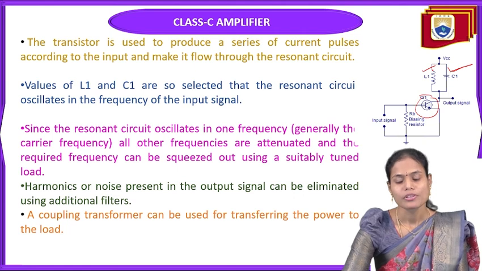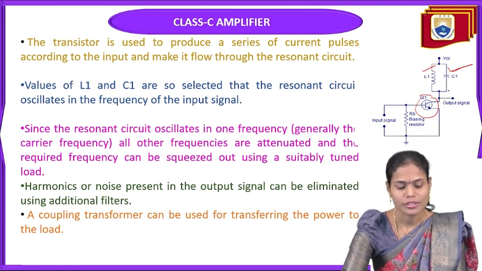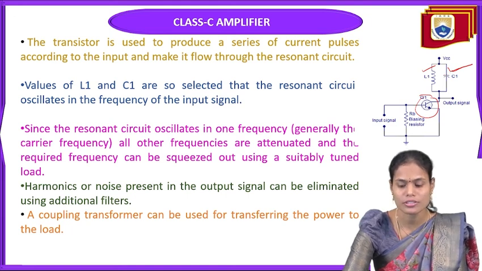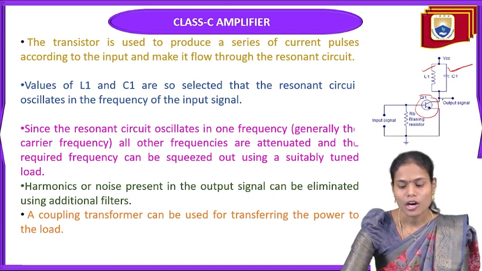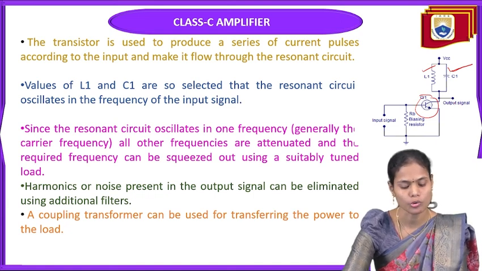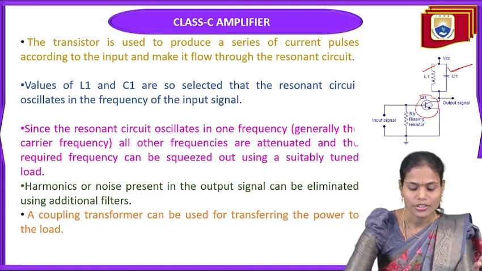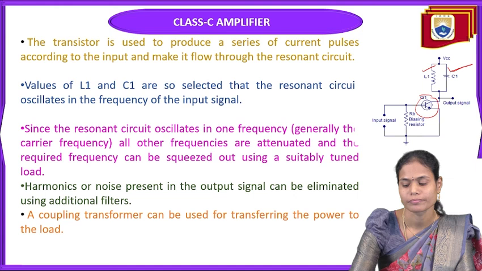Since this resonant circuit oscillates at one frequency, generally the carrier frequency, all other frequencies will be attenuated. The harmonics as well as noise in the output signal can be eliminated using additional filters across the output. And a coupling transformer can also be used for transferring the power to the load.